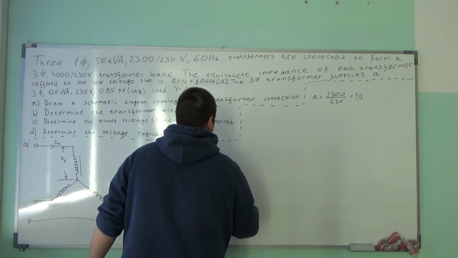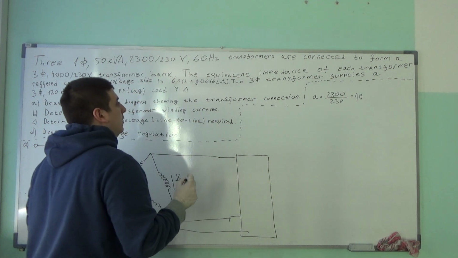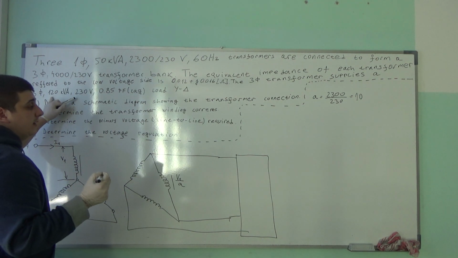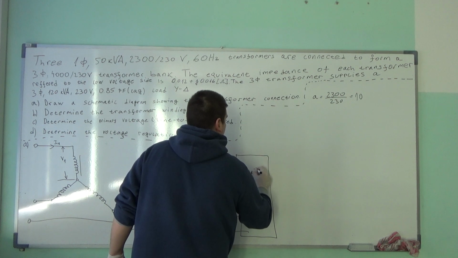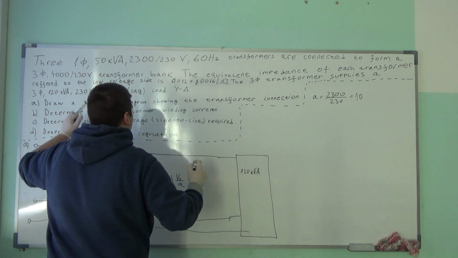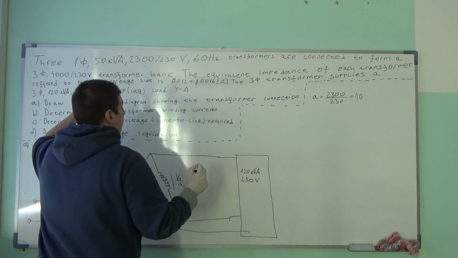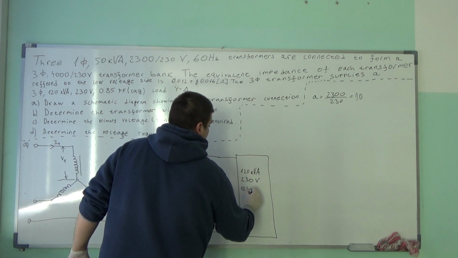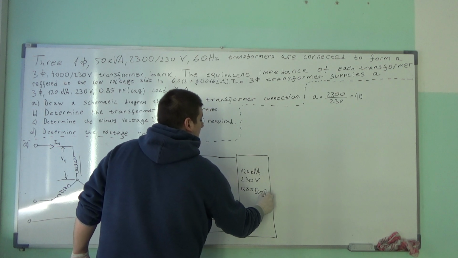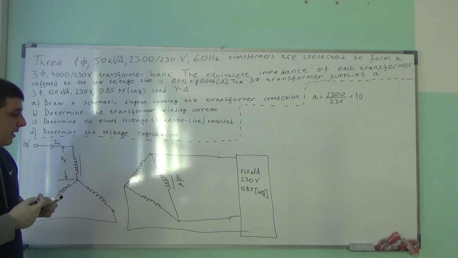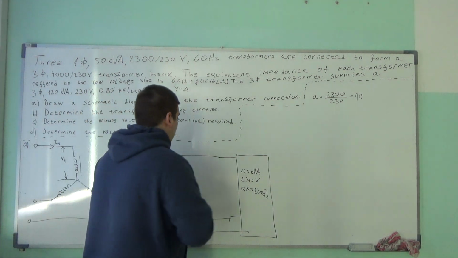And here I have a load that is 120 kilovolt amperes, 230 volts, and 0.85 power factor. In a delta connection, the phase voltage and the line voltage are the same.